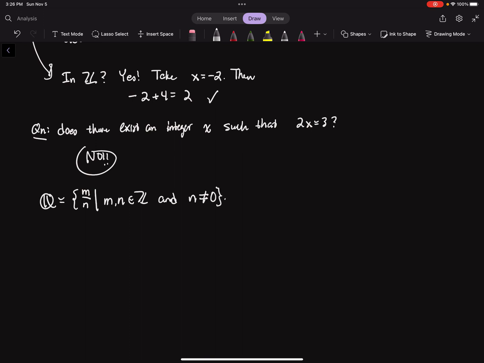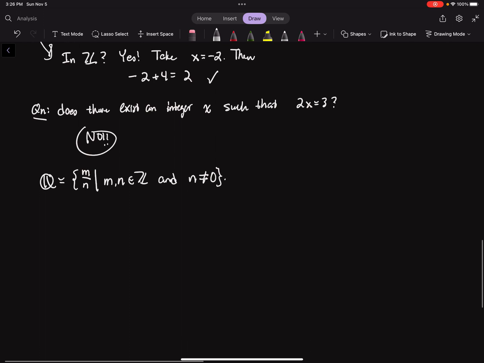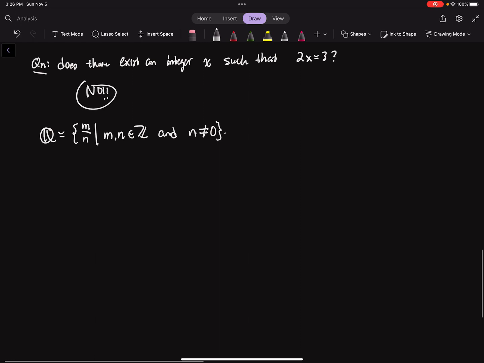And, you know, we haven't defined what this m over n thing means, but we think of these as fractions. And again, if you want to construct the rational numbers, you can do that in a course on ring theory, certainly in an abstract algebra class.